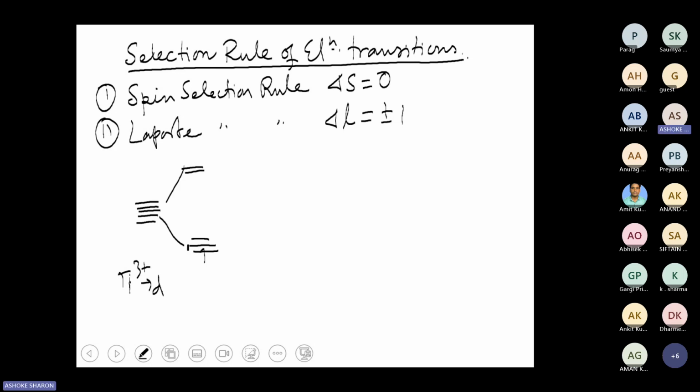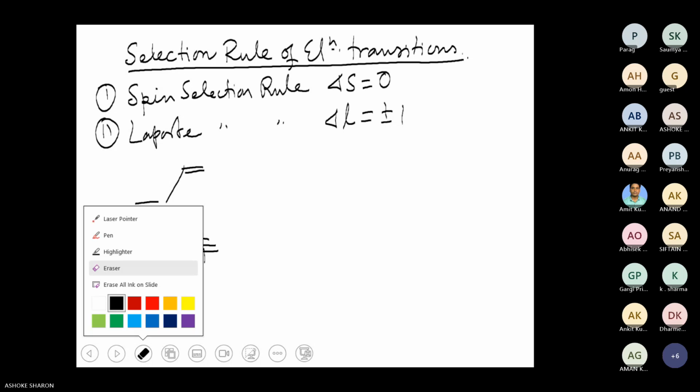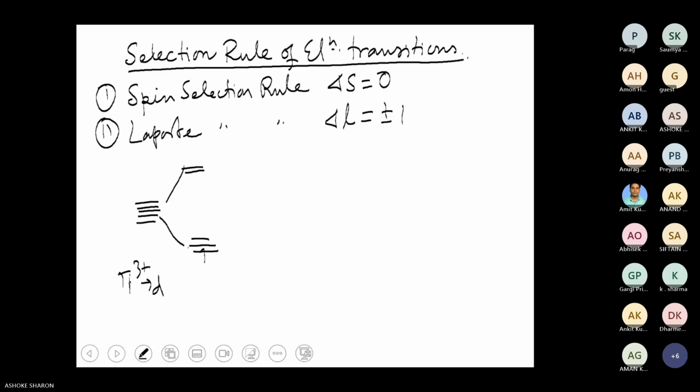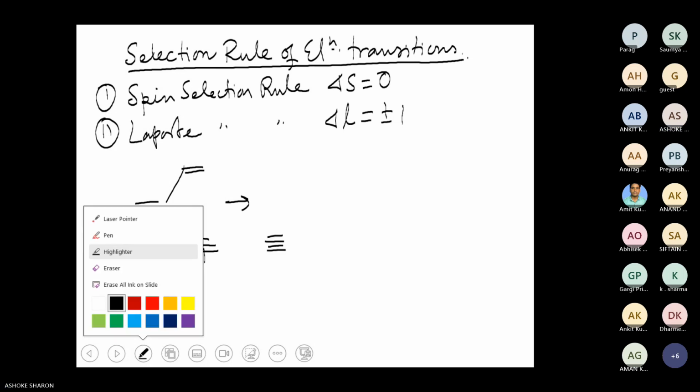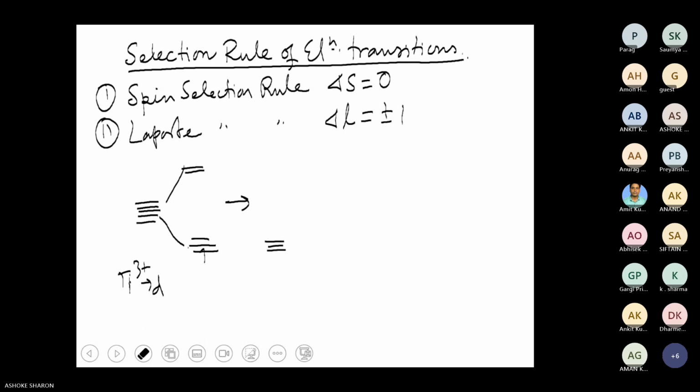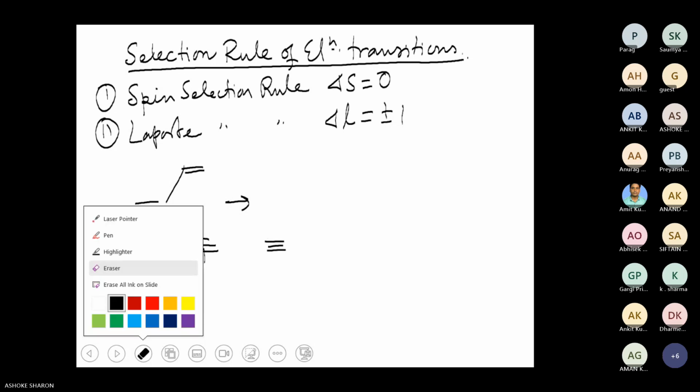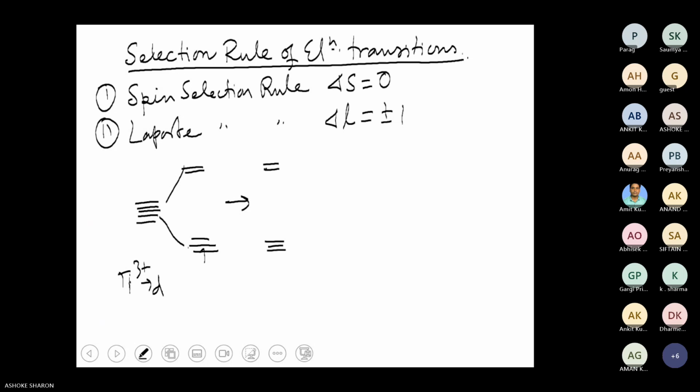Now when the transition takes place, this electron goes there.